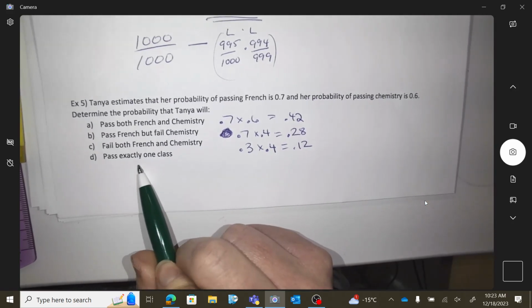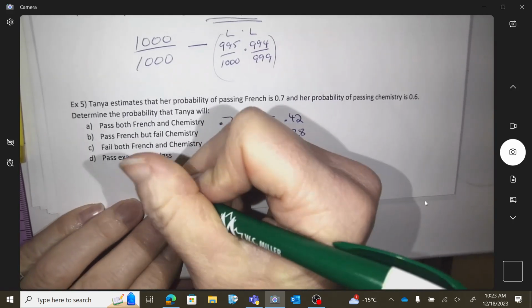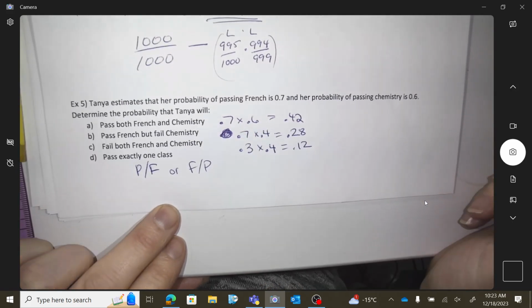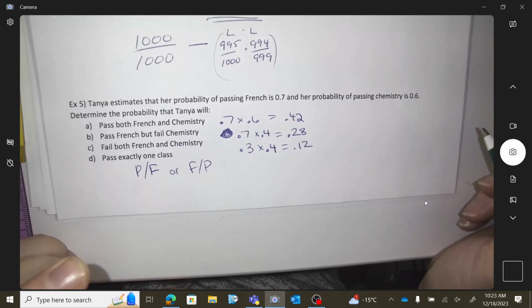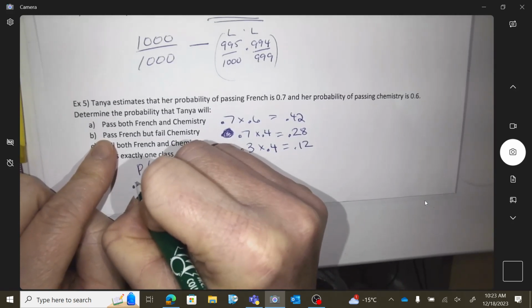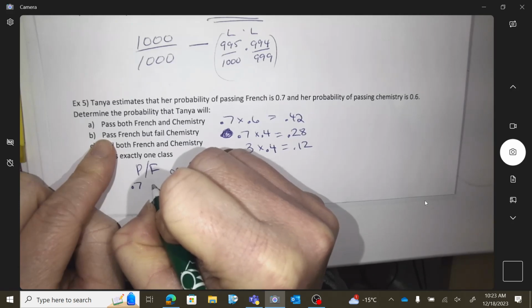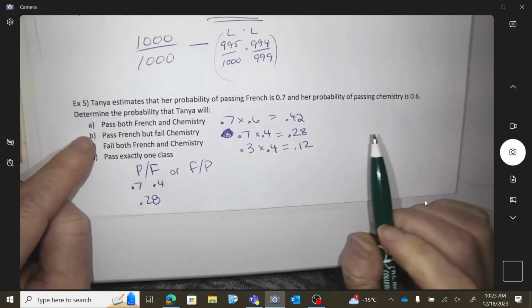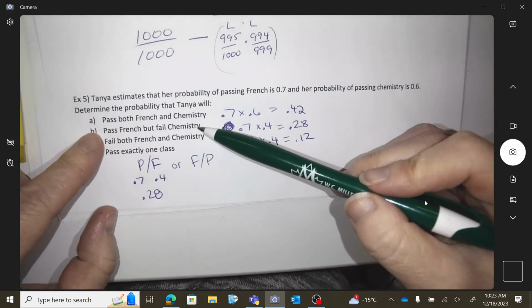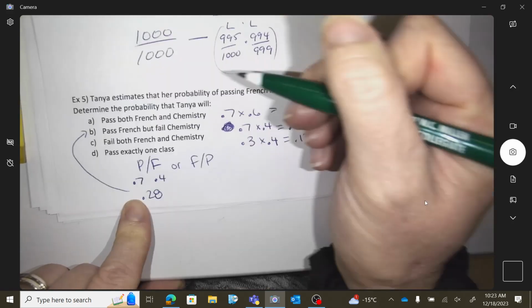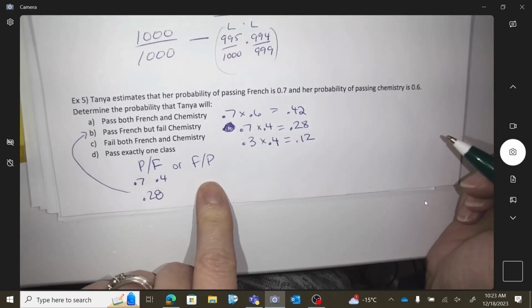And then this one, pass exactly one class. So you could do a pass, fail, or you could do a fail and a pass, right? Pass, fail. We just did that in question B where we passed French and we failed chemistry. We did that on question B. So what would be the flip?